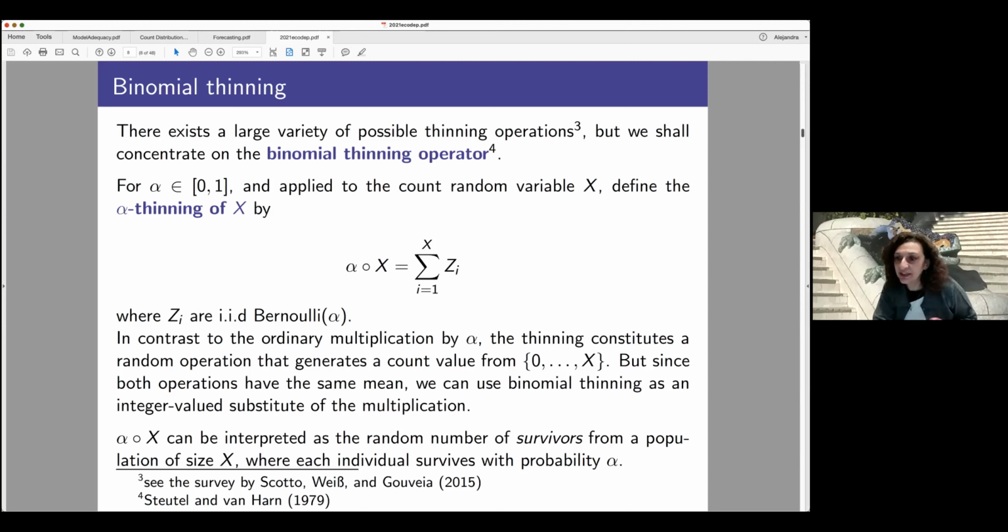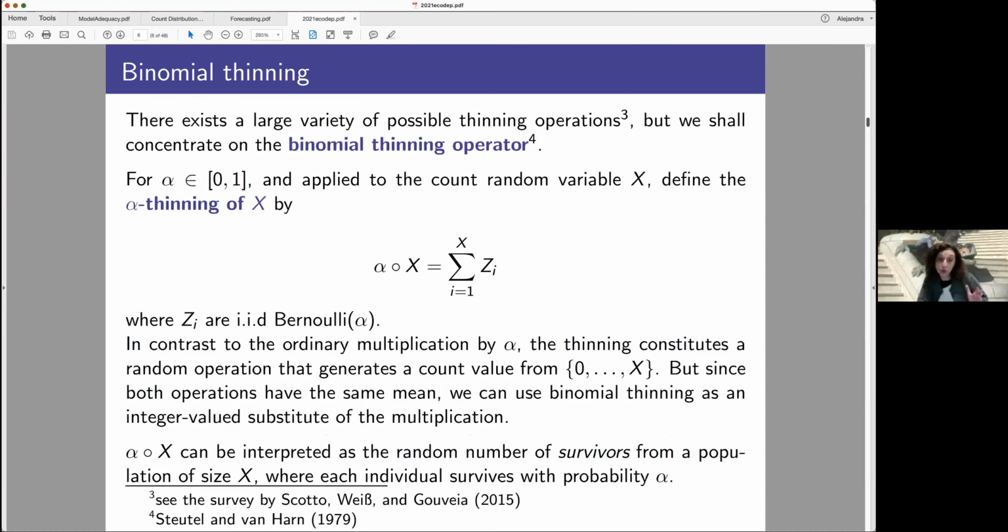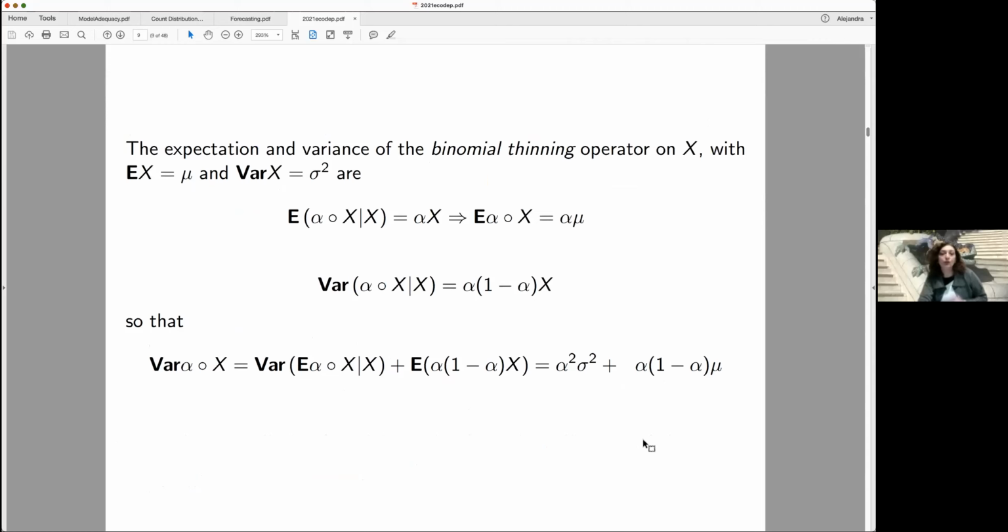So the interpretation helps for some theoretical properties, but for the modeling of time series might be confusing.